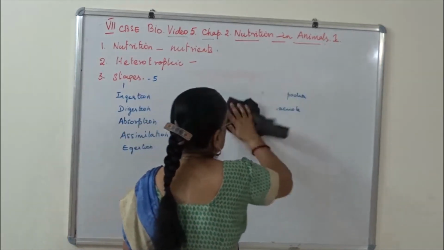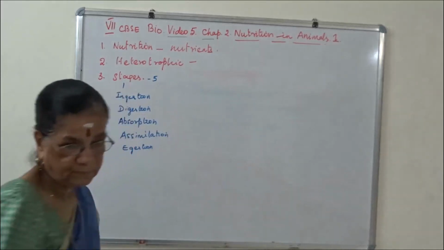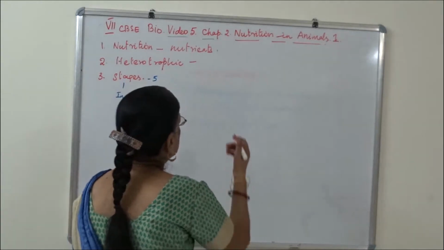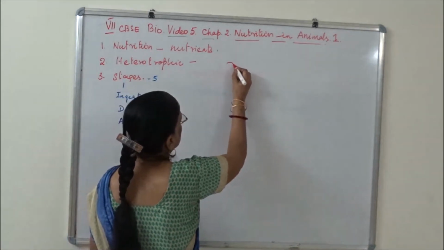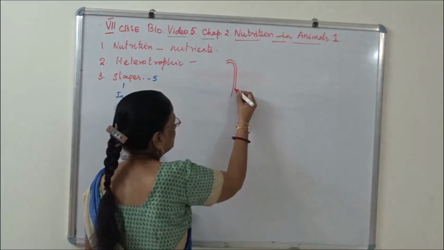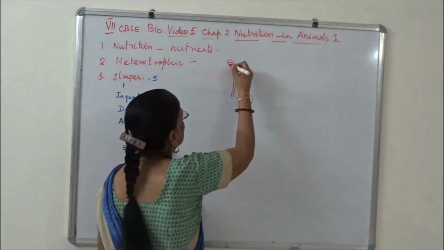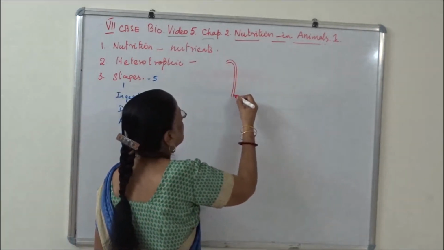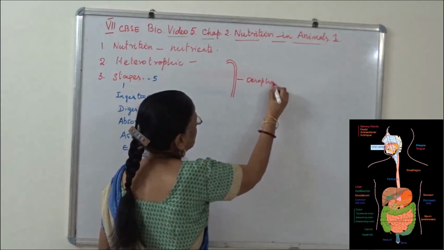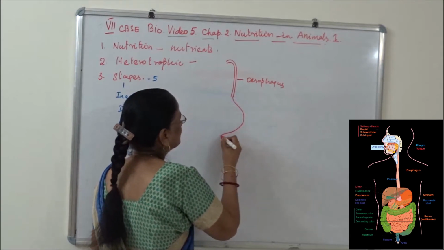Right? So now we do the digestive system. The digestive system starts from the mouth like this. When I am drawing, you just follow. Starting from the mouth, then the esophagus, and then the stomach.